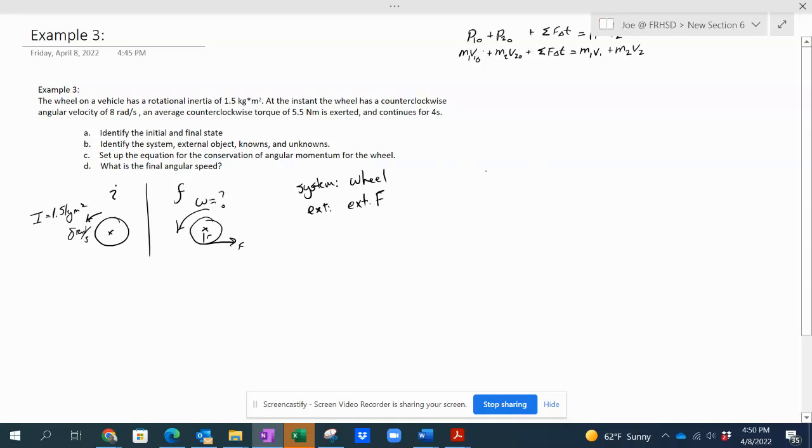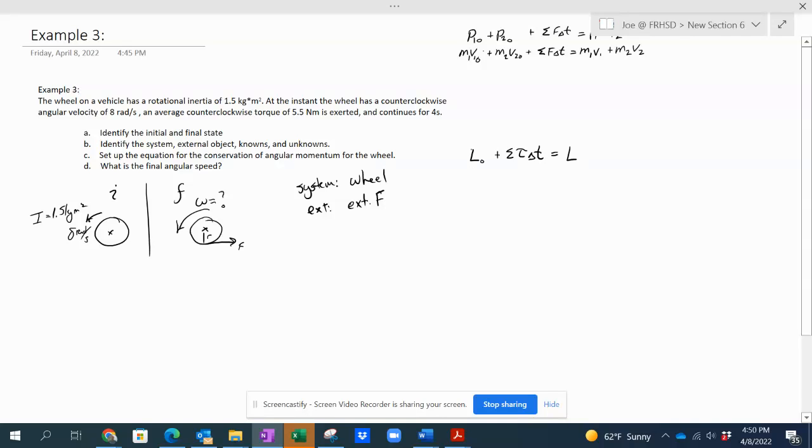So angular momentum is very similar. We only have one object here, so we have the initial angular momentum L. L is the symbol for angular momentum, plus the angular impulse, which would be torque times time, very similar to linear impulse, except again, angular quantity, torque times time instead of force, will equal its final angular momentum.